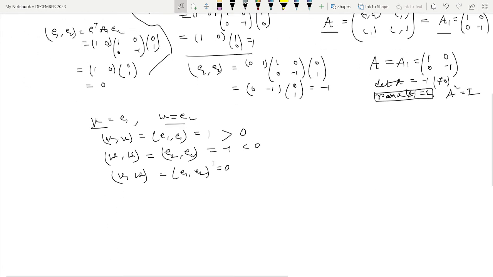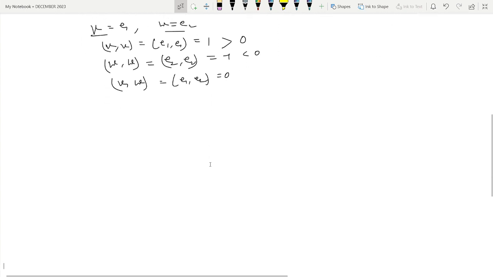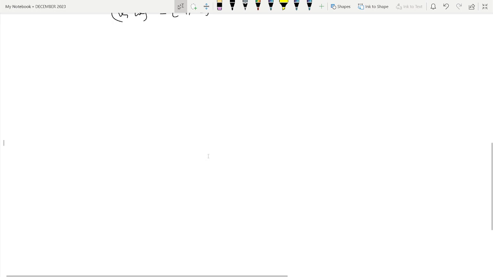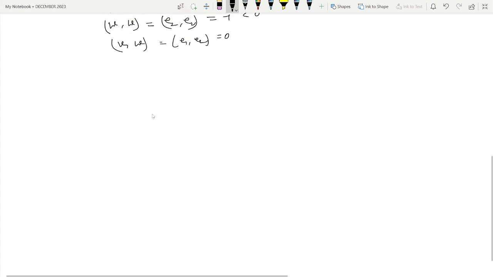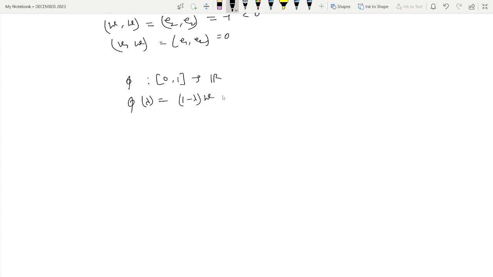To prove this result, that there exists some u such that B(u,u) equal to 0, we define a mapping phi from the closed interval 0 1 to R by phi(lambda) equal to (1 minus lambda) B(w,w) plus lambda B(v,v).